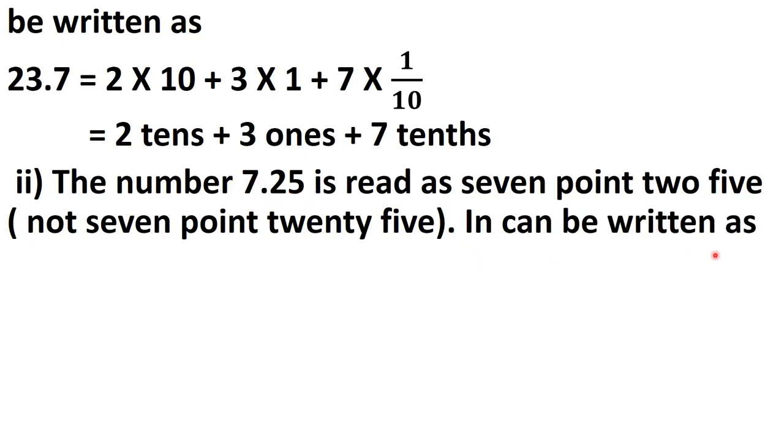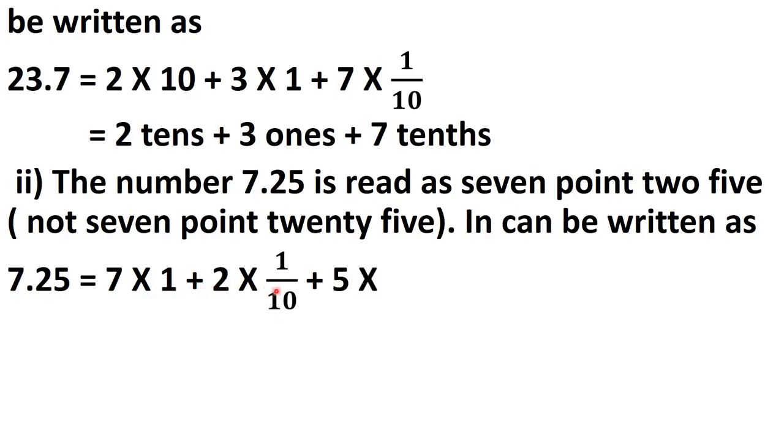It can be written as 7.25, which is equal to 7 multiplied by 1 plus 2 multiplied by 1 upon 10 plus 5 multiplied by 1 upon 100. 7 is at ones place, so we multiply 7 by 1. 2 is at tenths place, so we multiply it by 1 upon 10. 5 is at hundredths place, so we multiply it by 1 upon 100.